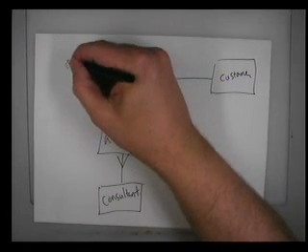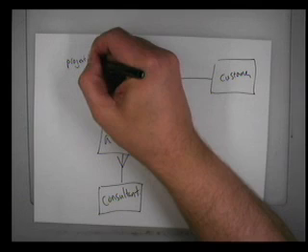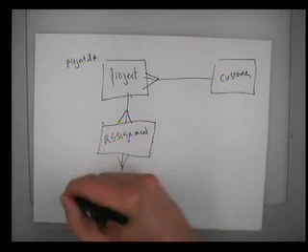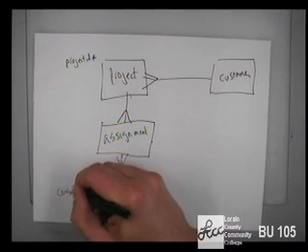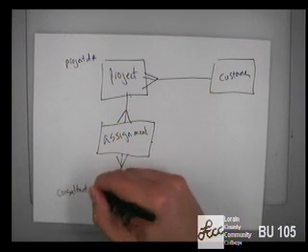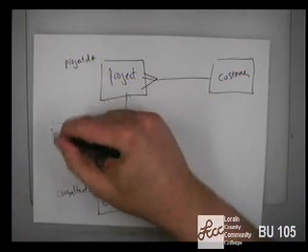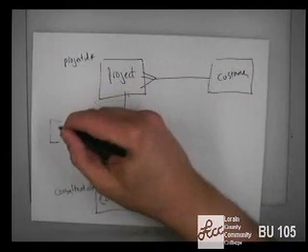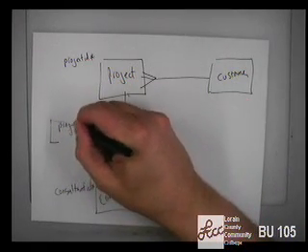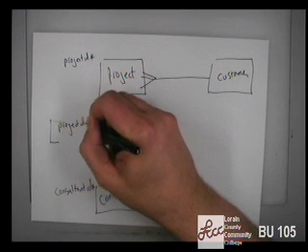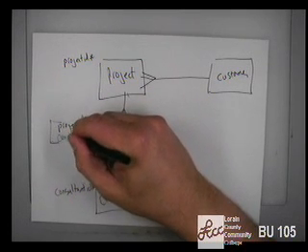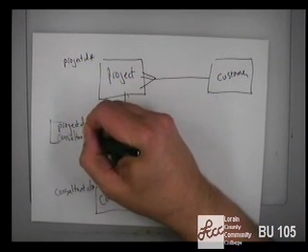If the key to this was project ID, and the key to this was consultant ID, the primary key to the assignment table would be a combination of the project ID and the consultant ID.